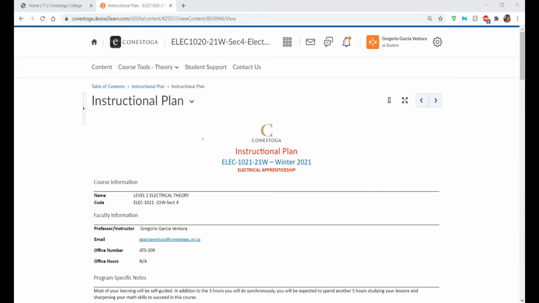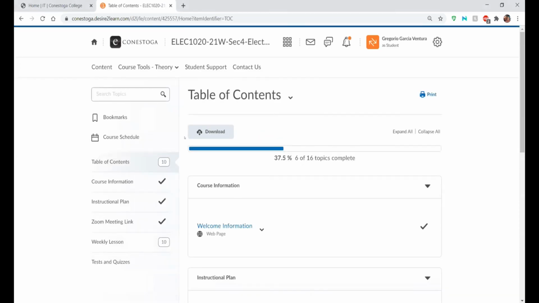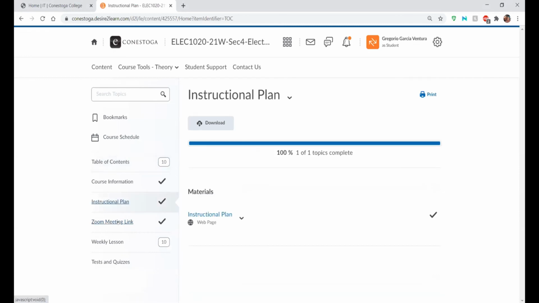Okay, so can we keep moving? So when we get back into here, we already saw the instructional plan and your login, so you already know where to find your meeting link.